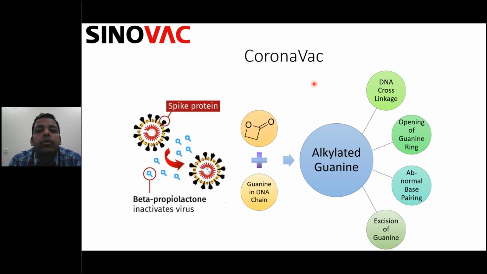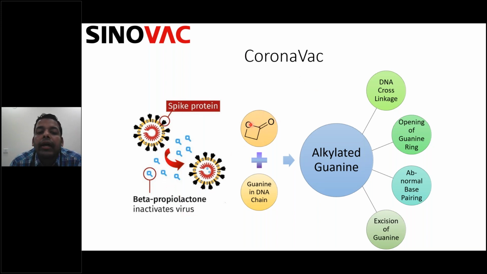So one vaccine using this inactivation method is CoronaVac, which has been developed by the Sinovac company, a Chinese company, and they use beta propiolactone to inactivate the virus.